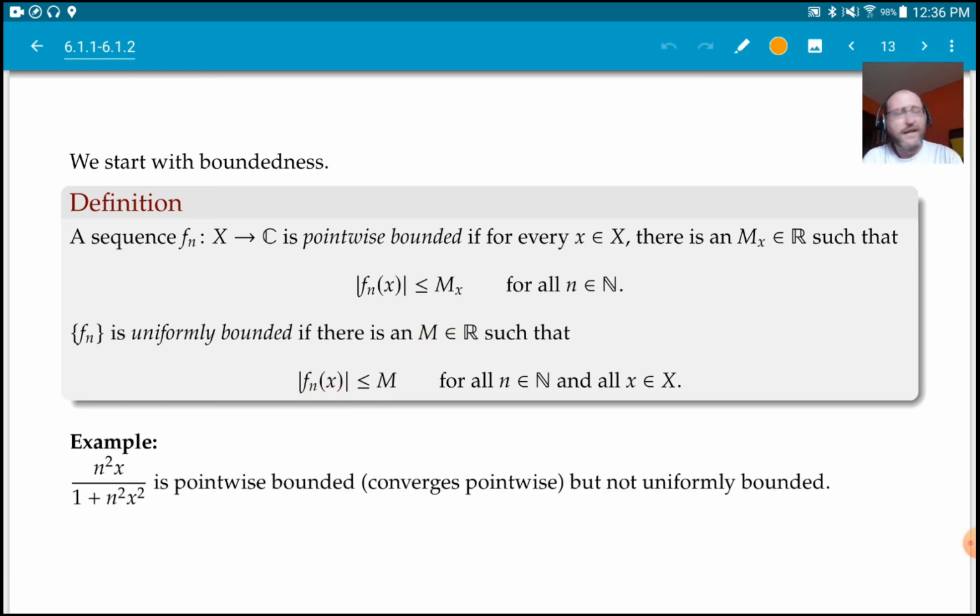All right. Now here's an example of what sort of problems you might encounter. So this sequence of functions, these are all going to be bounded. Each particular one is going to be bounded. They go to 0 at infinity.